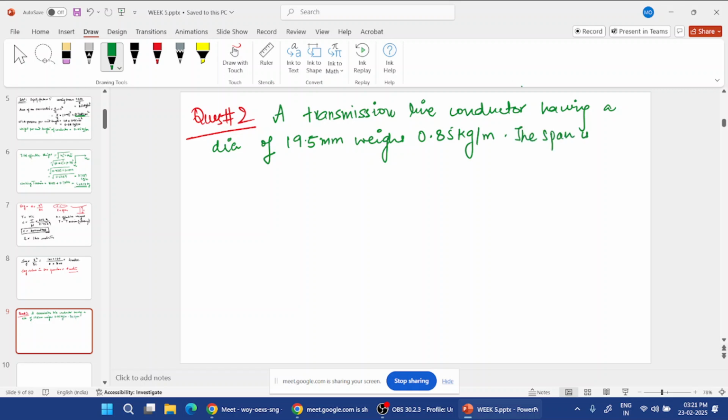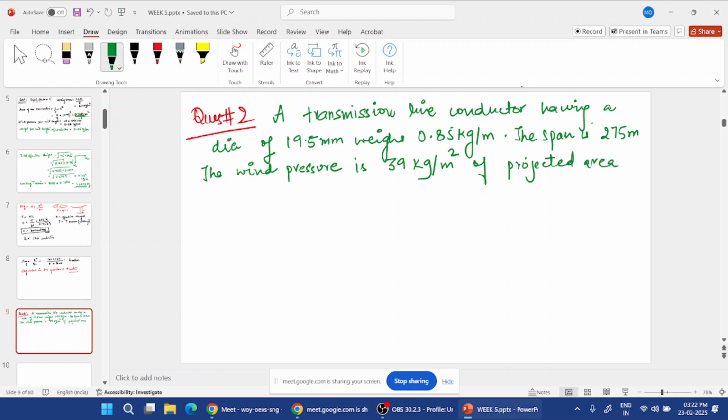The span is 275 meters. Now, there is wind pressure also. The wind pressure is 39 kilogram per meter square of the projected area.